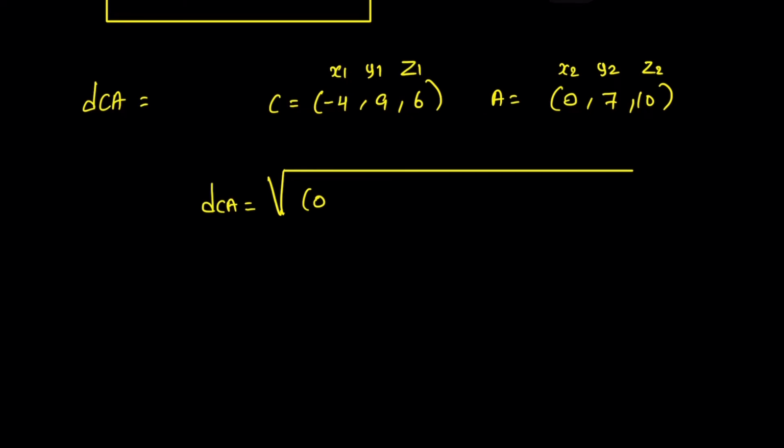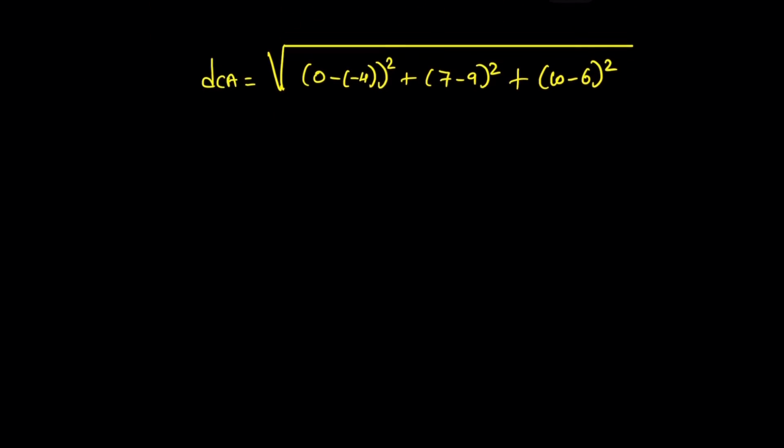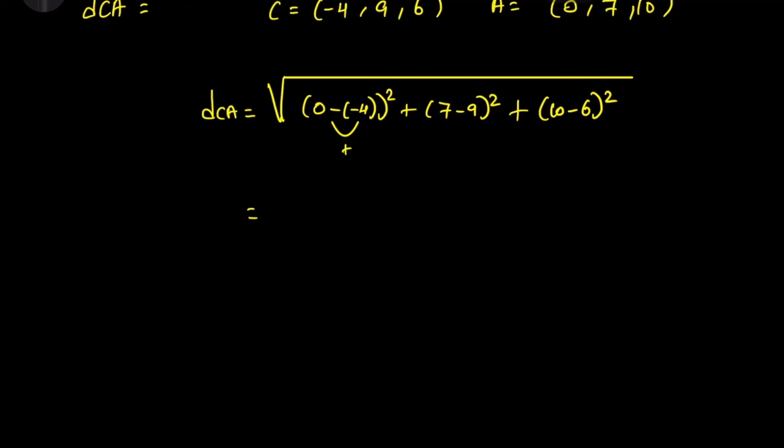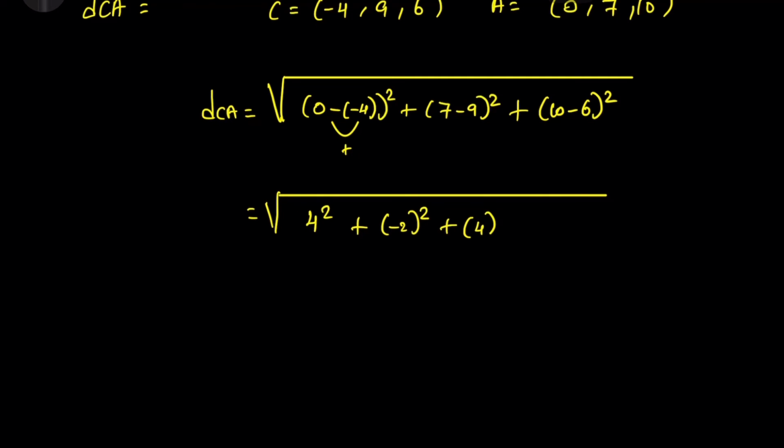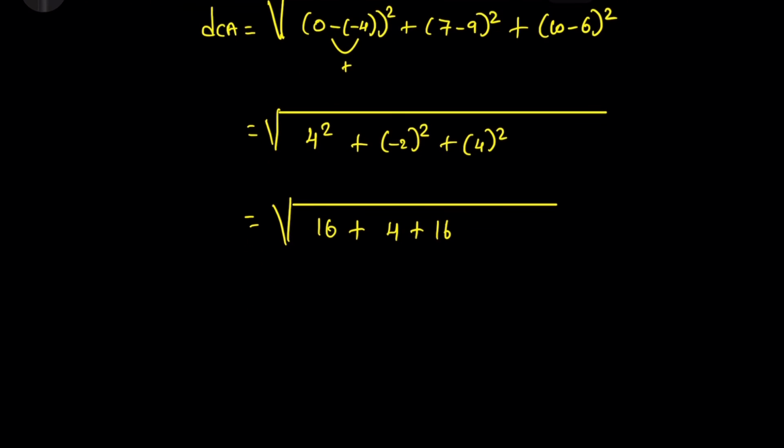X2 minus X1, so 0 minus of minus 4, then square, and 7 minus 9, then square, plus 10 minus 6, then square. Minus of minus is positive, so square root of 4 square plus -2 then square, and 4 then square. What's the value? Square root of 16 plus 4 plus 16. Then the value is root of 36.